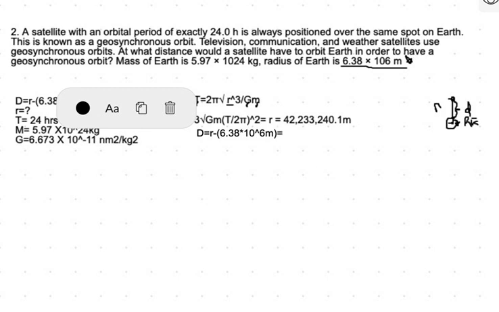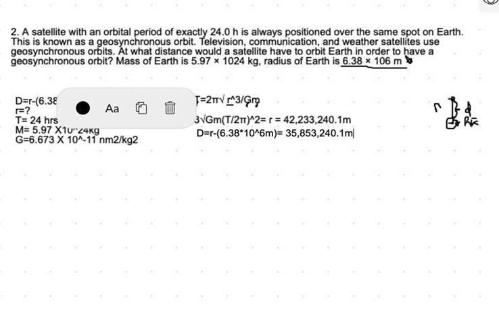Okay, and we're going to end up with a slightly smaller distance of 35,853,240.1 meters, which is the distance that the satellite needs to orbit above the Earth's surface in order to have that speed and that orbital period.